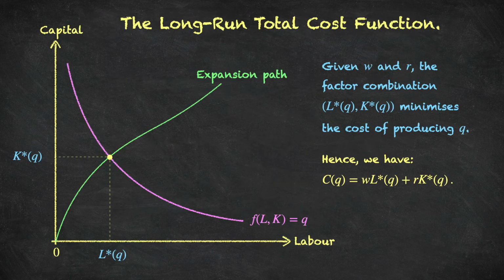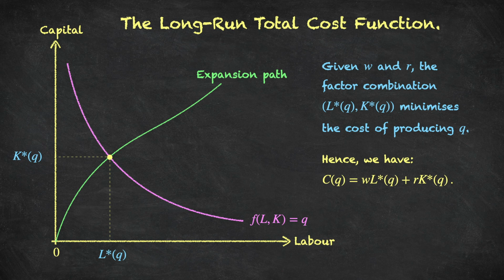So let's just describe this graphically. If I'm given W and R, so I'm given the input prices, the prices of these factors of production, and these prices are fixed. So W and R are fixed. If I'm interested in a particular level of output Q, so I've got this pink isoquant, and I know that every combination along that isoquant produces output Q, then I look at where this isoquant intersects the expansion path, which is at the point labeled L star of Q and K star of Q at this yellow point.